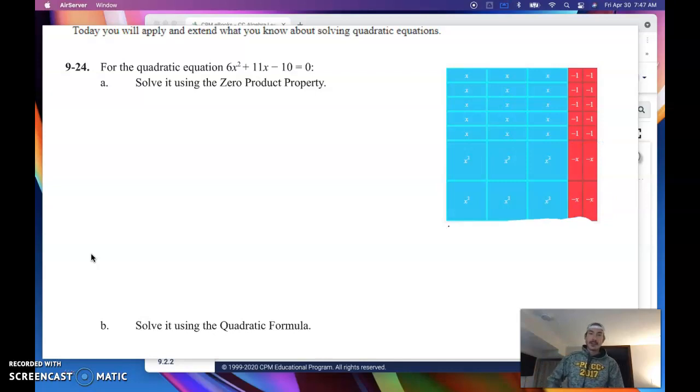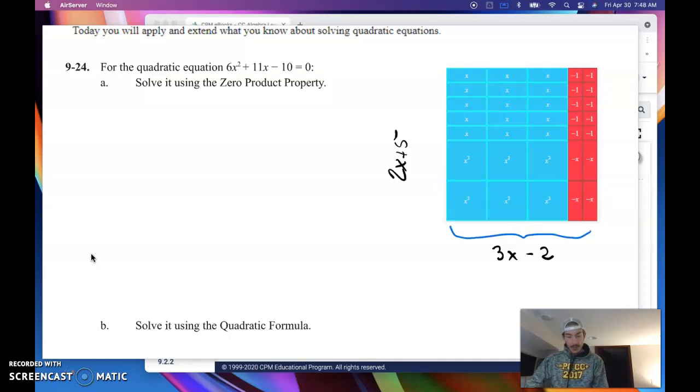But then the factorizing comes in when we look at the dimensions of this rectangle. So I went ahead and added the dimensions as well. Oops, try this again. There we go. I've got 3x and 2 for that dimension right here. And then for this dimension right here, I've got 2x and positive 5.